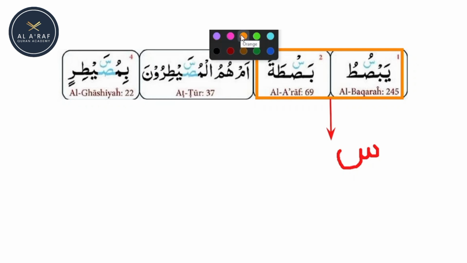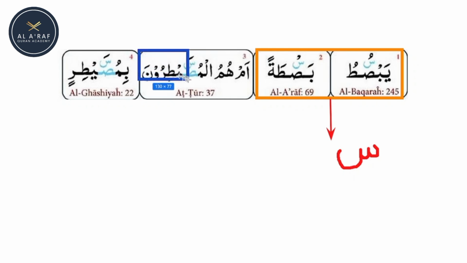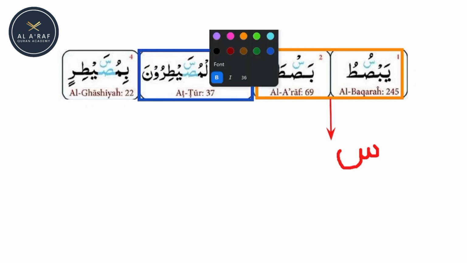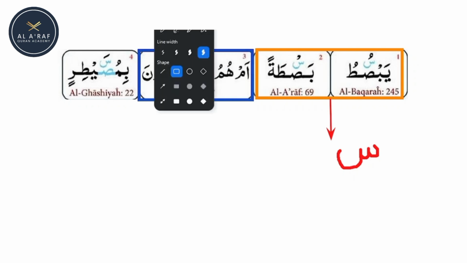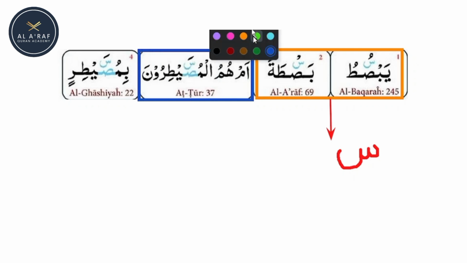Now, if I tell you the third one, let's see the third one. You can see the third one is a so big word, biggest among all of these four words. This is the longest word. So let's see, how do you pronounce this one? With which letter actually you have to pronounce it? In this word, you have the choice. Okay? This is your choice.